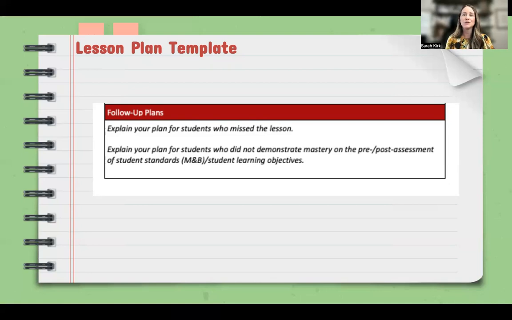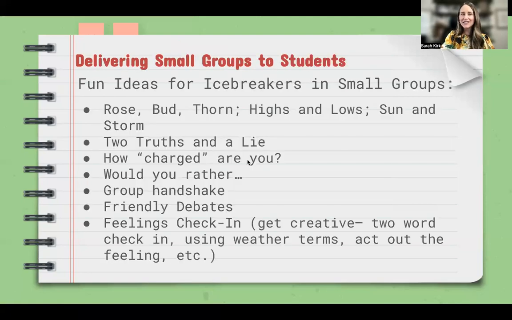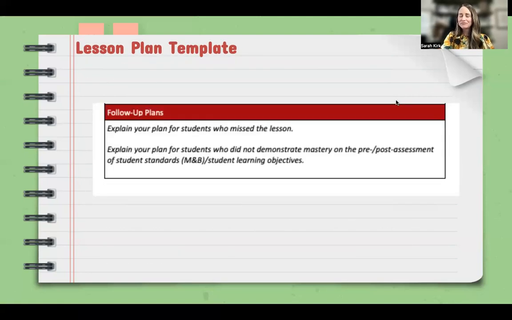Are you going to provide the content in a different way? Are you going to work individually with the student? Are you going to make a referral? Are you going to talk with the caregivers? What are you going to do to help the student master those skills, right? And that's it. That's the lesson plan template. So you can see there, it's a great way to really strengthen and provide a more robust small group.